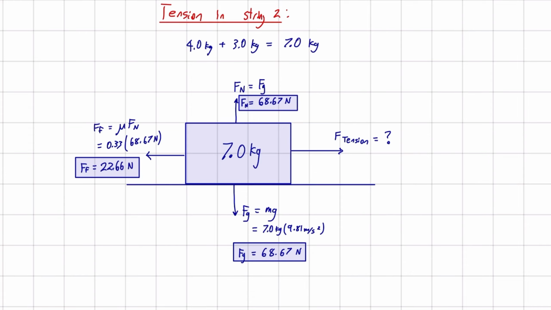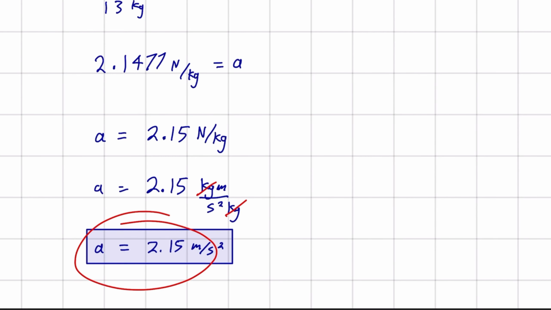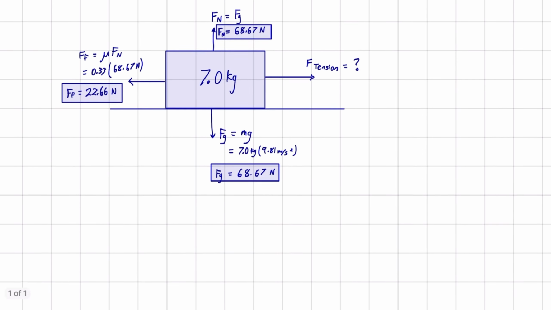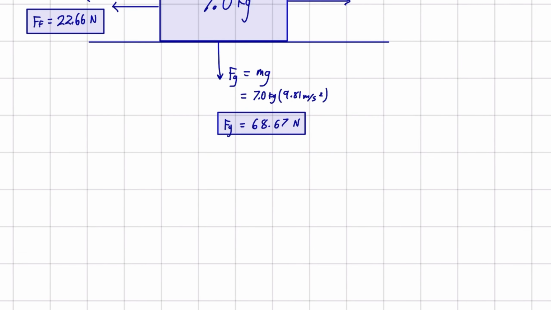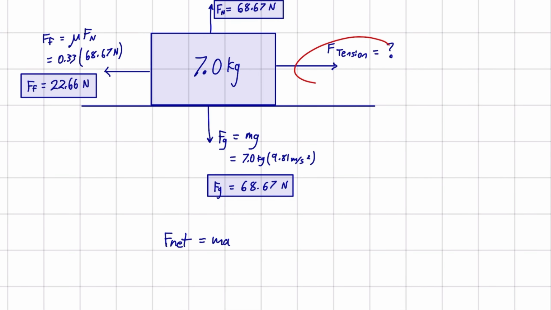And now, remember when I was telling you about this value that we found for acceleration, how this is going to become useful later on in the problem? Well, this is exactly where we're going to use it to solve for the force of tension. So remember our formula, F net is equal to ma. Let's look at our F net. Our F net is the sum of the forces of these two.